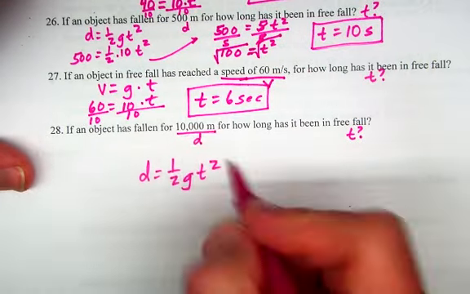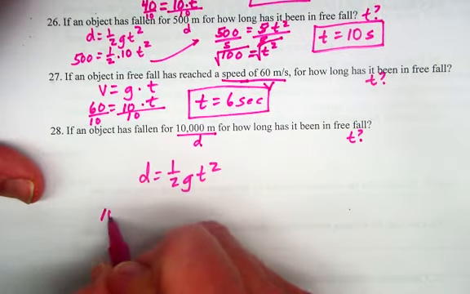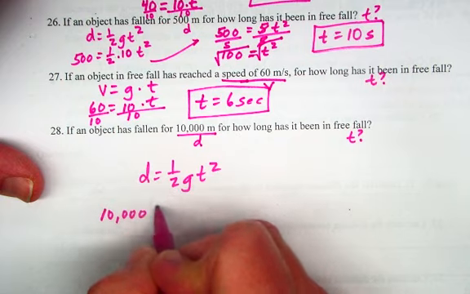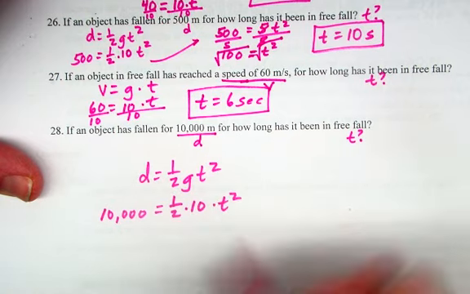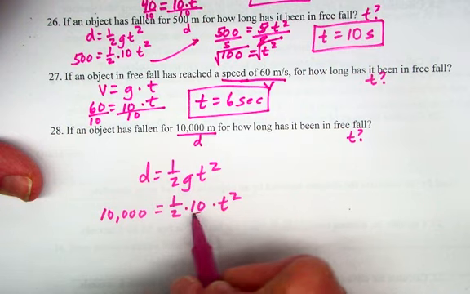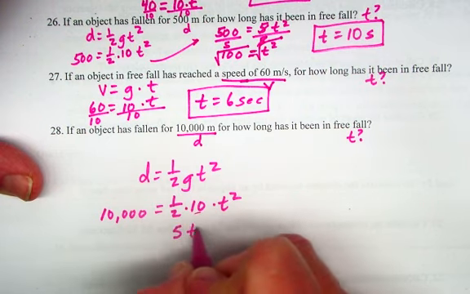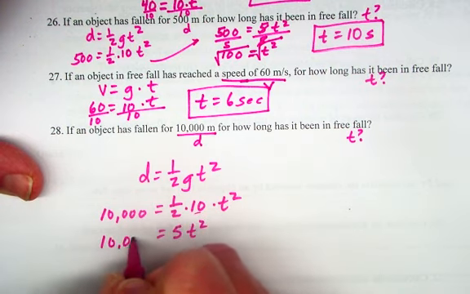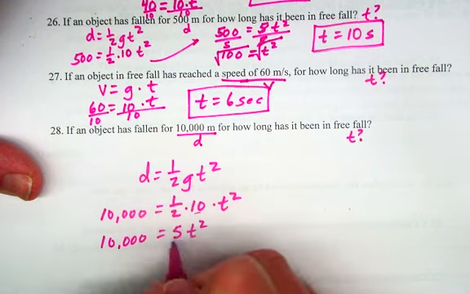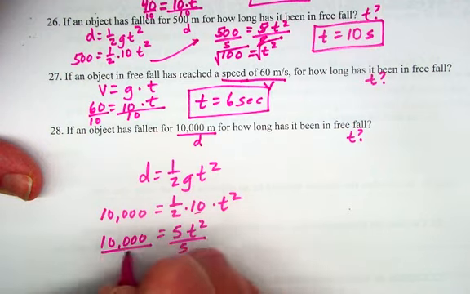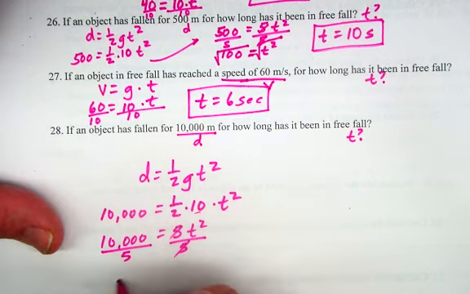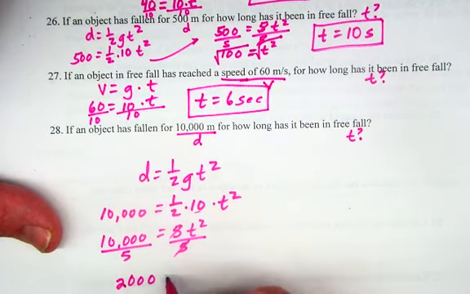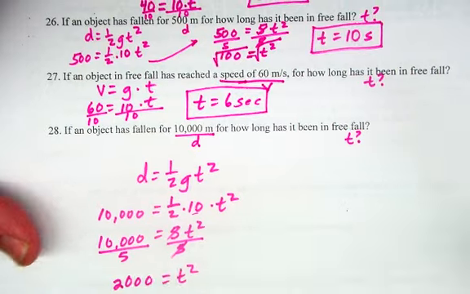I'm going to take my distance of 10,000 meters and plug it in for d, 1/2 times 10 times t squared. 1/2 times 10 is 5, so 10,000 equals 5t squared. Divide both sides by 5 to get rid of the 5. 5 goes into 10 twice, and add the 3 zeros, so that turns out to be 2,000 equals t squared.